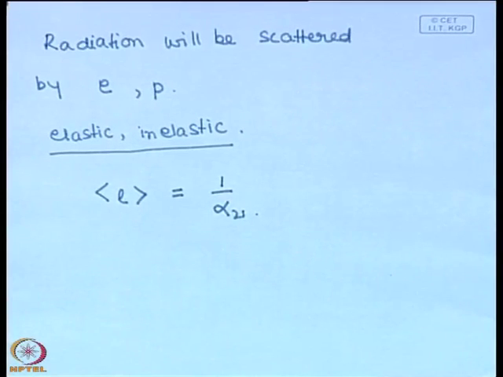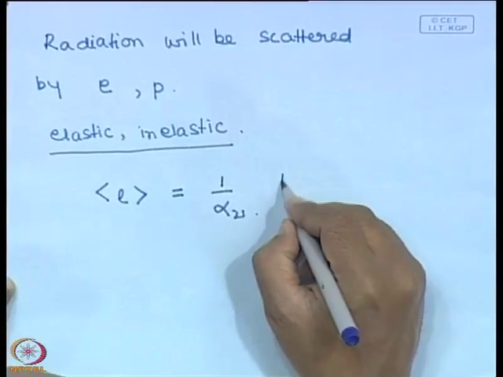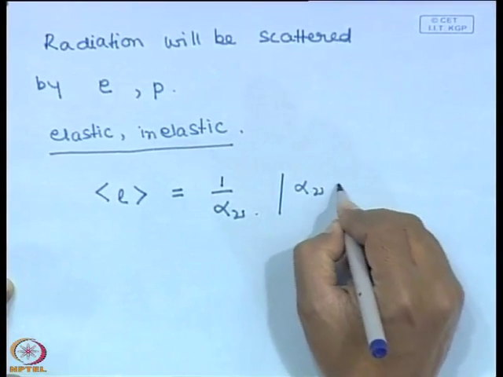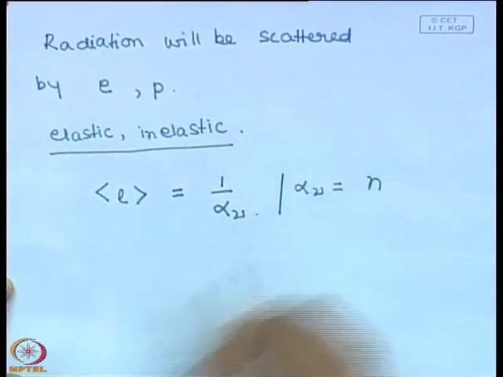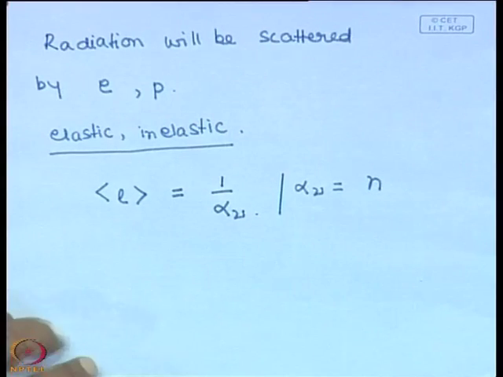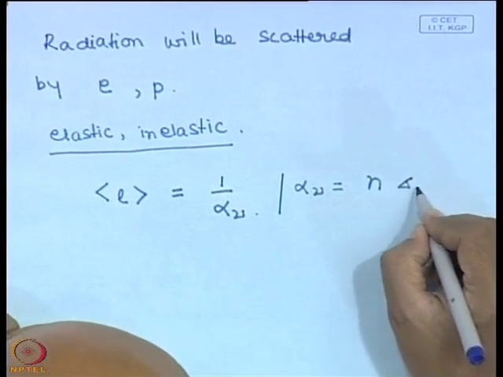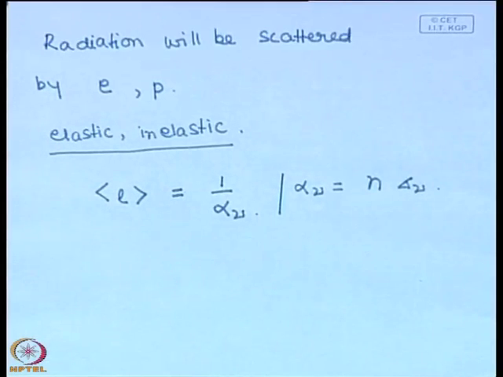We have seen this, and the absorption coefficient we know is the number density of particles into the scattering cross section of each particle, right. So, let us consider for making a simple estimate just one process, the Thomson scattering, elastic scattering.